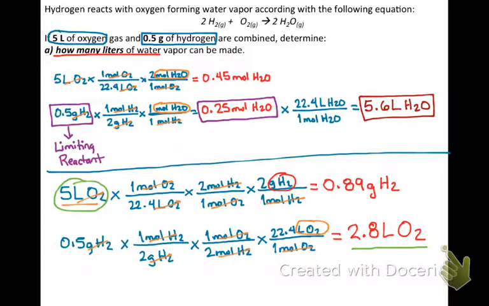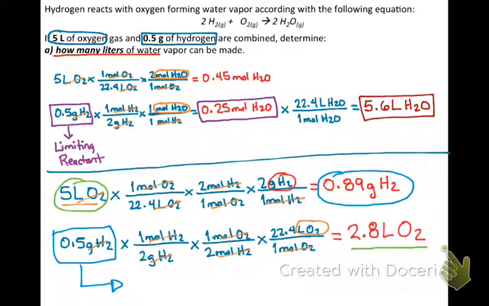If we do the opposite, we need 0.89 grams of hydrogen to react with the 5 liters of oxygen, and you only have 0.5. So this indicates again that hydrogen is the limiting reactant.